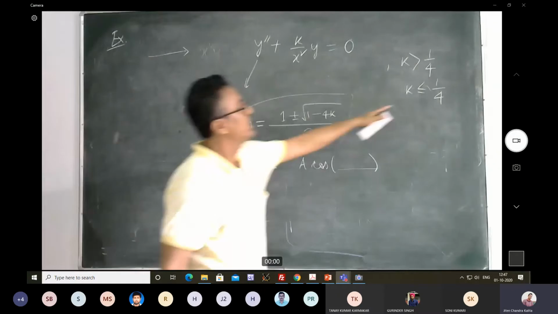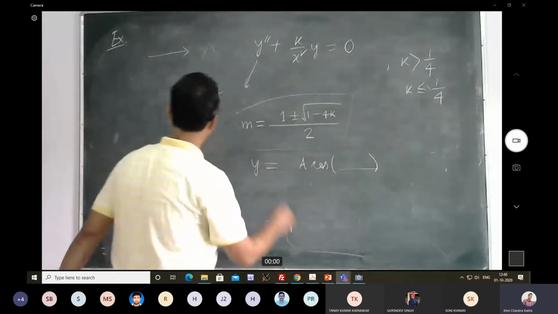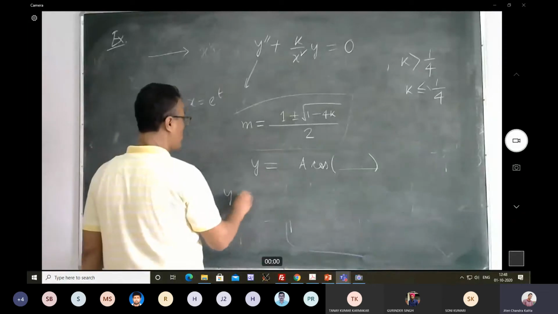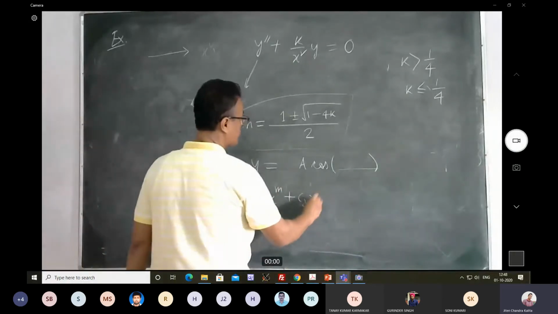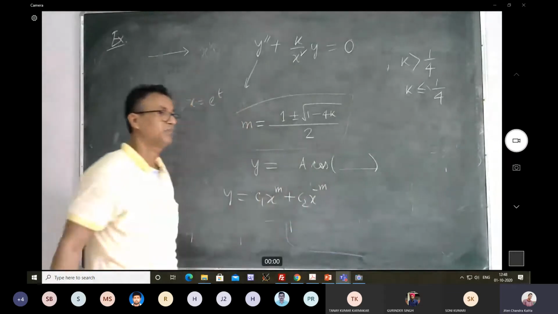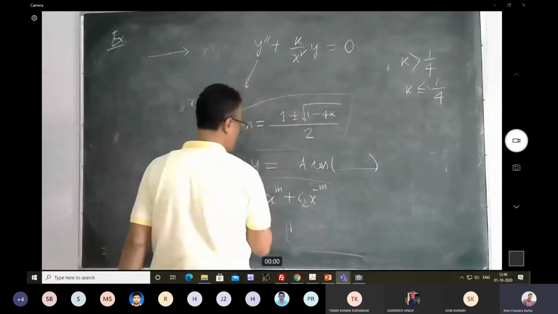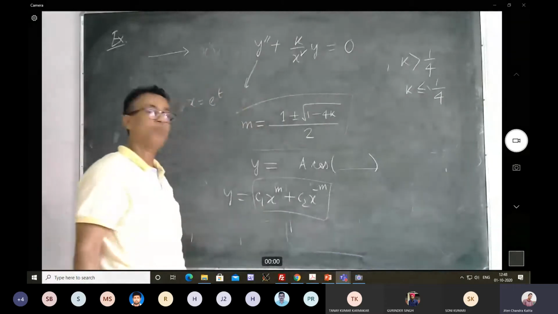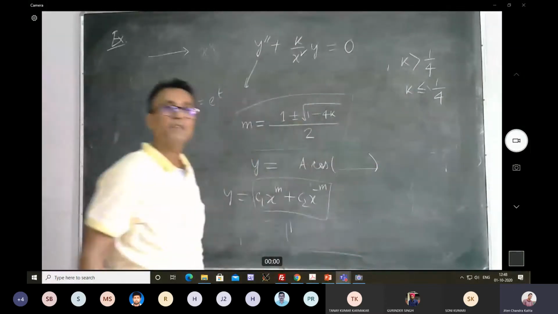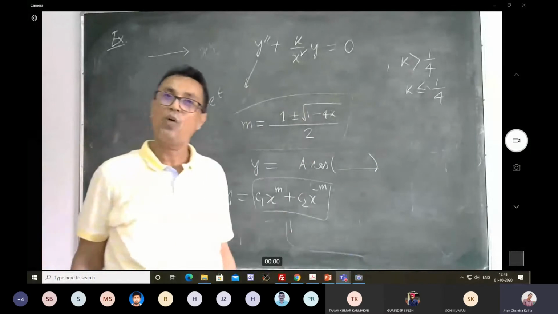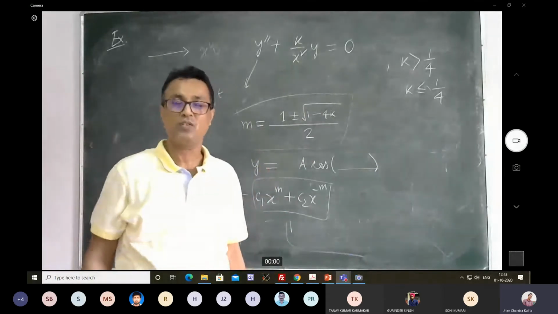And if not, then it is going to have real roots, and then your solution is going to be of this form, like c1 x to the power m plus c2 x to the power minus m. Because it is in some polynomial form, obviously this is going to lead you to a finite number of zeros of y, or for that matter, the solution of that equation.